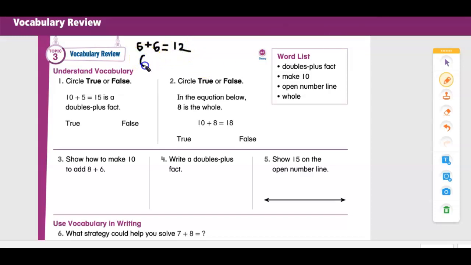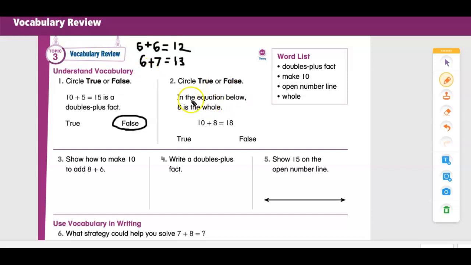Then I use a doubles plus fact, 6 plus 7, which is just one more, to get 13. 6 plus 7 is a doubles plus fact. Is 10 plus 5 equals 15 a doubles plus fact? True or false? This would be false. 10 plus 5 equals 15 is not a doubles plus fact.